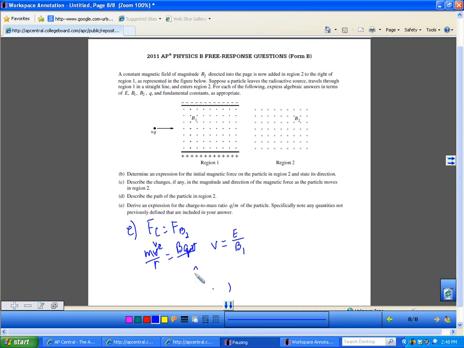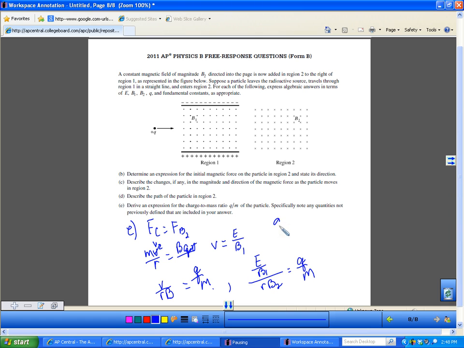So I should have said Q over M is equal to v over r B2. All right, and I substituted E over B1 divided by R B2 is equal to Q over M. Okay, well, everything was looking really good.